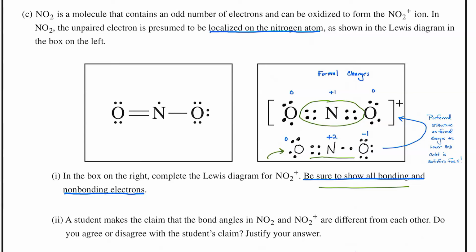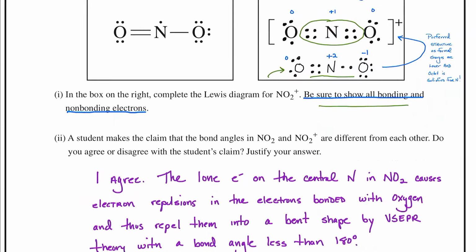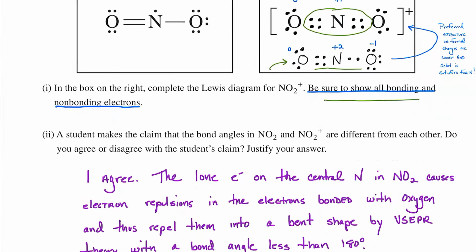Now, this one you should get for sure. A student makes the claim that the bond angles in NO2 and NO2 plus are different from each other. Do you agree or disagree with the student's claim? Well, I agree, because the lone electron in this orbital will repel these electrons somewhat. Not as much as if there were 2, but it's still going to repel them.